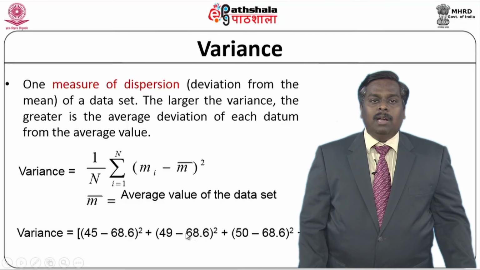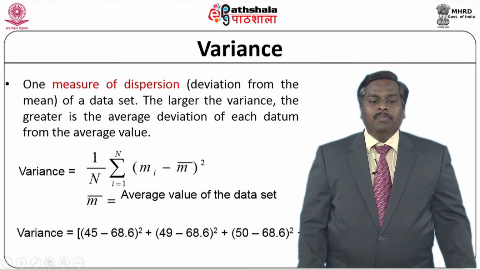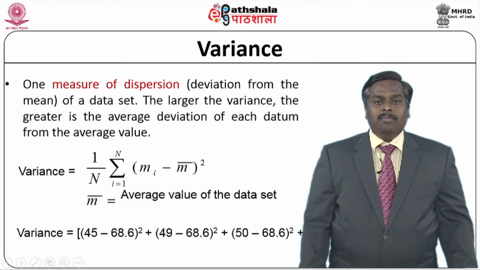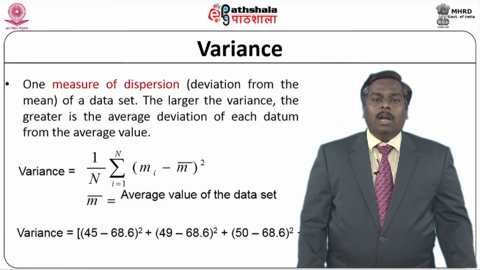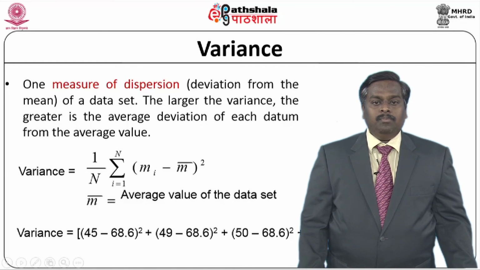For all the 20 data points, compute the difference with respect to the mean, square the difference, sum all the squared differences and divide by the total number of data points, 20, which gives 181. So, 181 is a value that will quantify to what extent the data in the given data set are deviated. A larger variance indicates there is larger deviation in the data that we have considered.